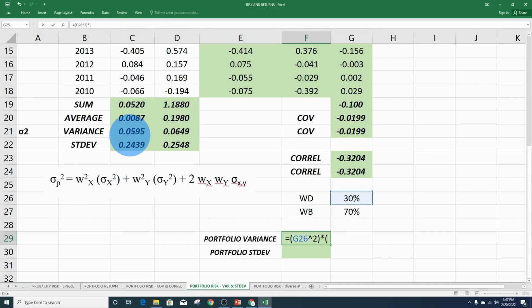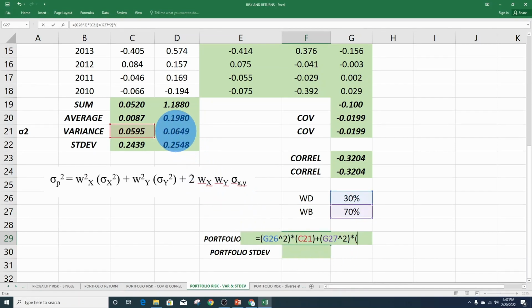Our variance is this, bracket close, plus this raised to power 2 times our variance.